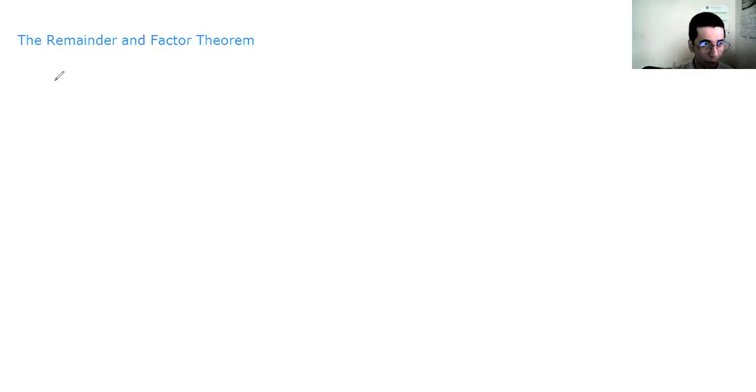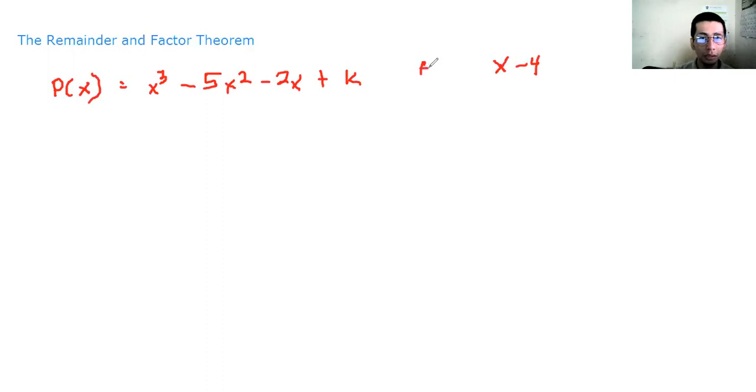So, we have p of x. This is our next example. We have here p of x. So, we have a polynomial x raised to third minus 5x squared minus 2x plus 8. Then, x minus 4. Okay. Find k.